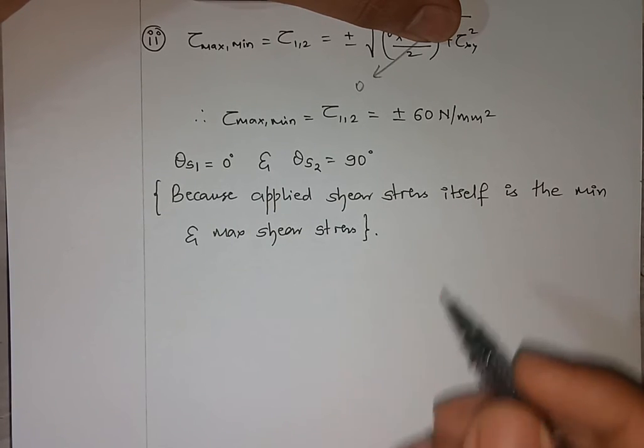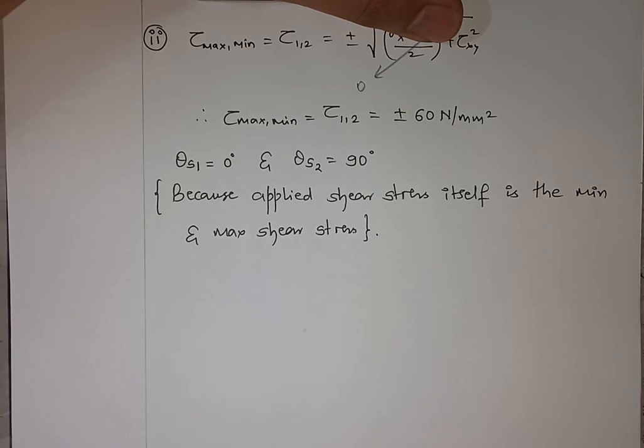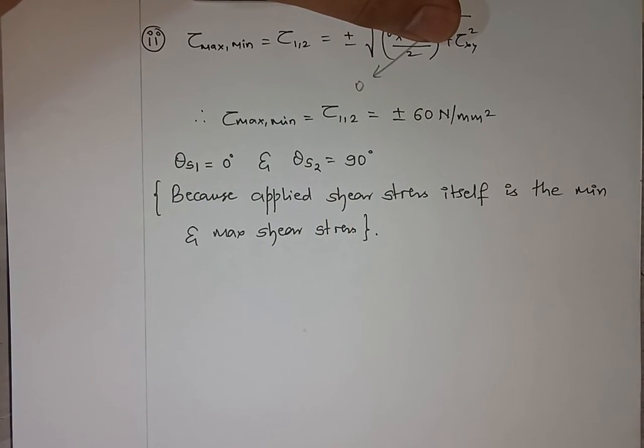Right? Because of this reason theta S1 is 0 and theta S2 is 90 degree.